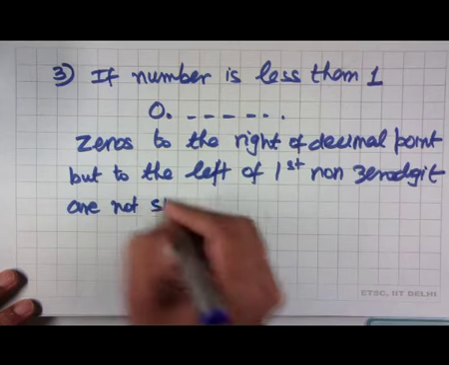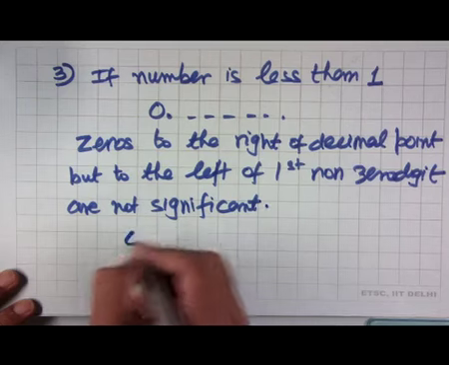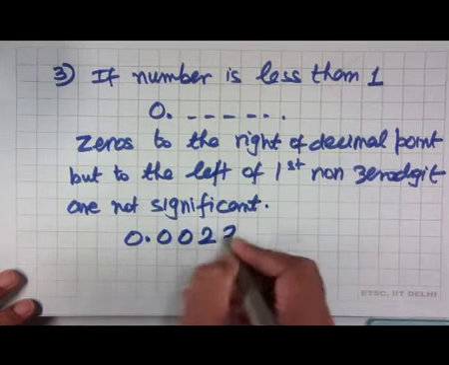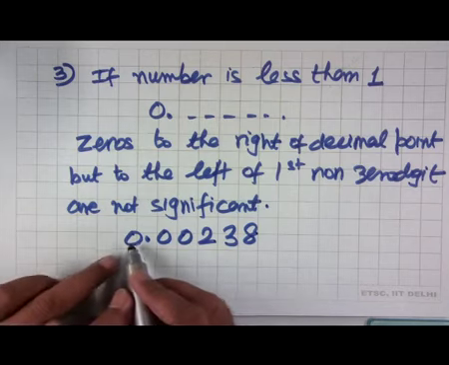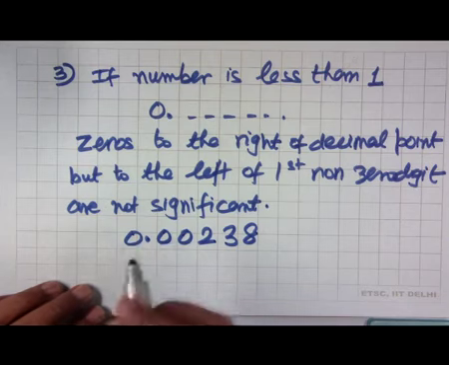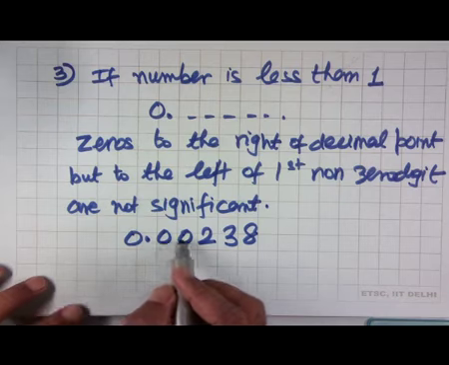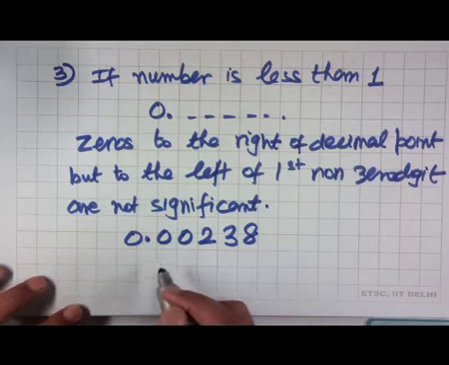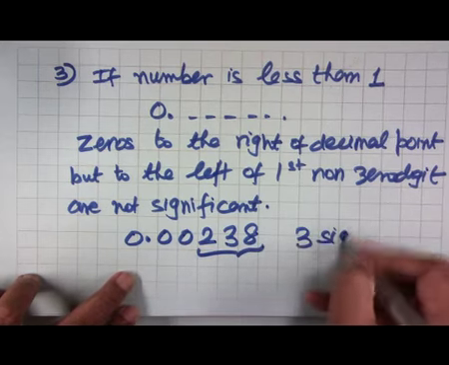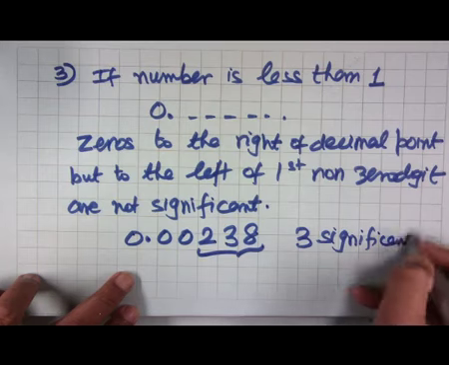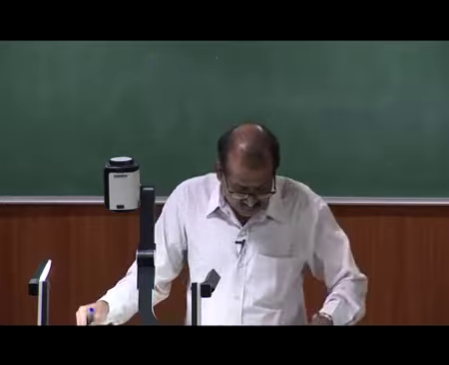Let me give you an example. When we say 0.00238, the whole number part is 0, this number is less than 1, then there are 2 zeros after the decimal point, these will not be significant. So, in this number we will have 3 significant digits. So, this was the third rule.